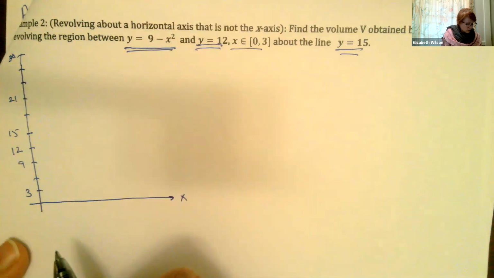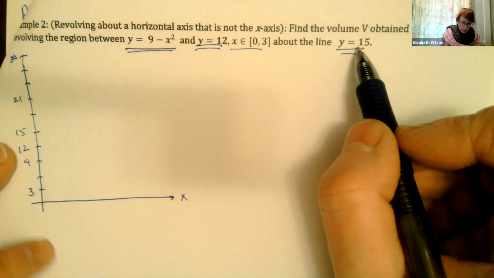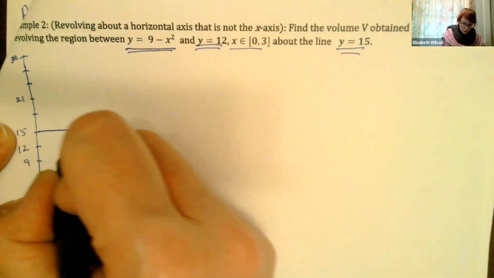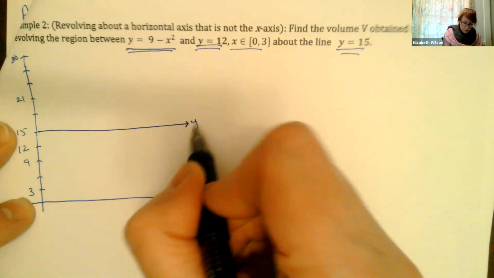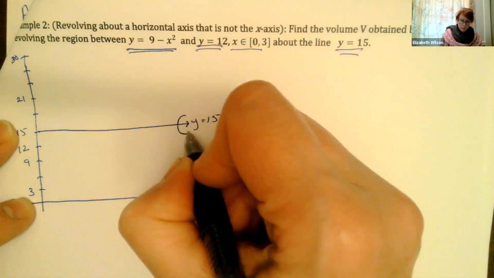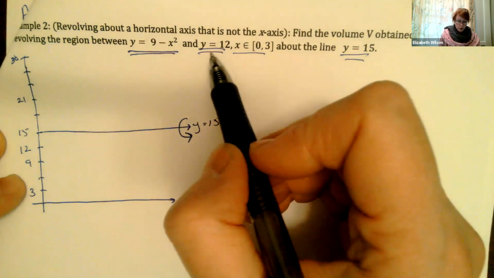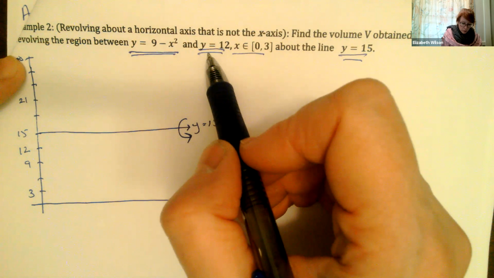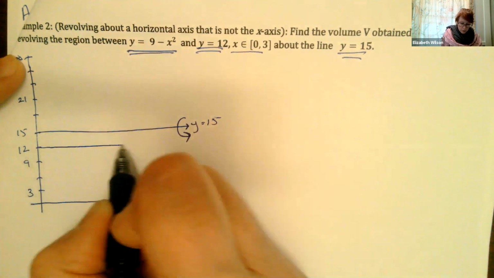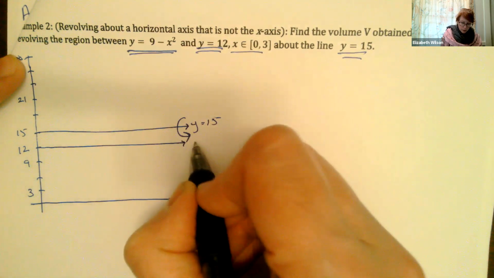All right, so let's start out with what we have. About the line y equals 15. So this is our line y equals 15. This is what we're going around. So that's my first thing I want to plot out. And we're going to revolve the region y equals 12. So this is one of our functions, y equals 12.